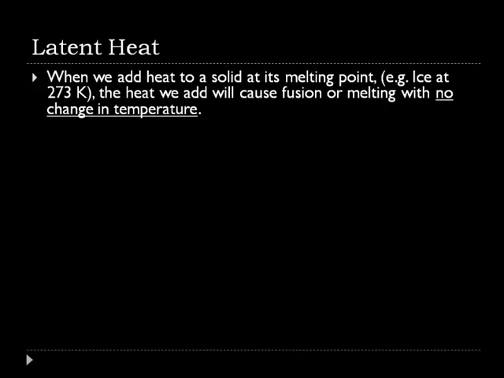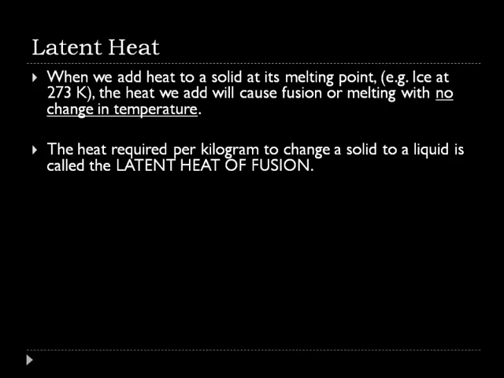If we start off with ice at 0 degrees and we add heat, we'll end up with water at 0 degrees. The heat that is required per kilogram to change a solid to a liquid is called the latent heat of fusion. So the latent heat of fusion is the heat that we need to add per kilogram to change, for example, ice at 0 degrees to water at 0 degrees.